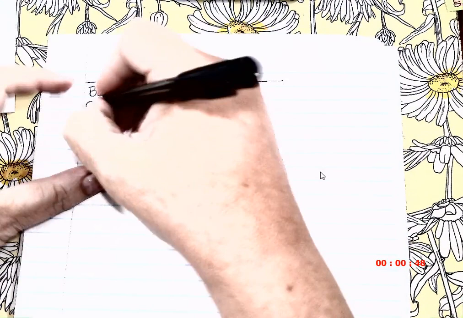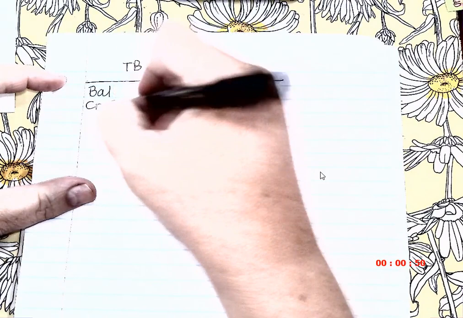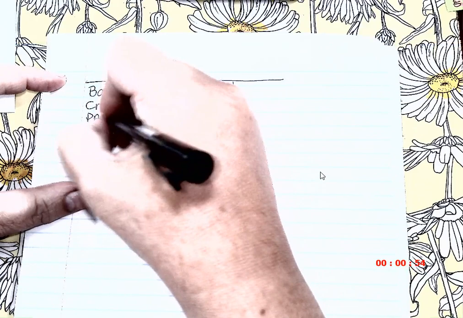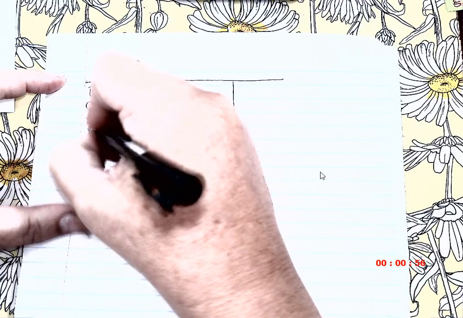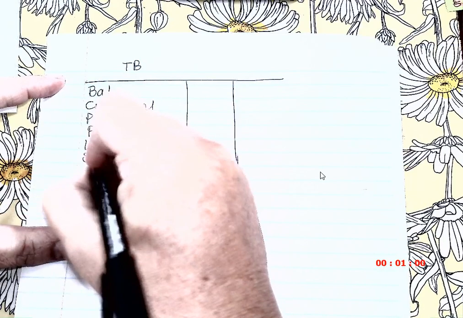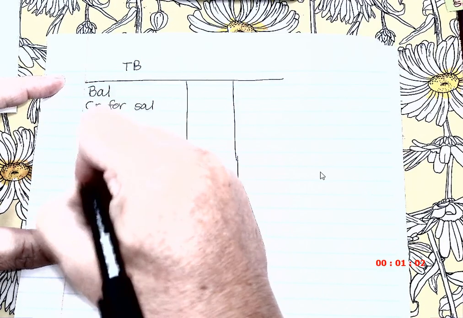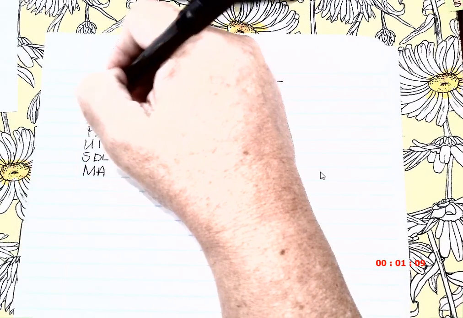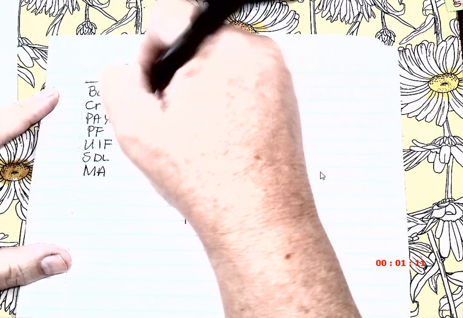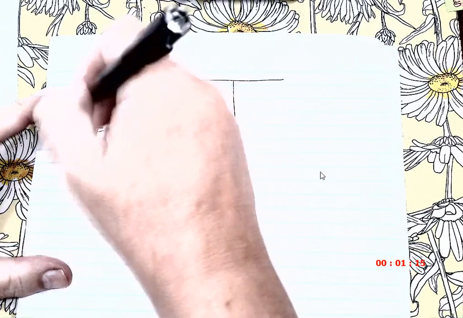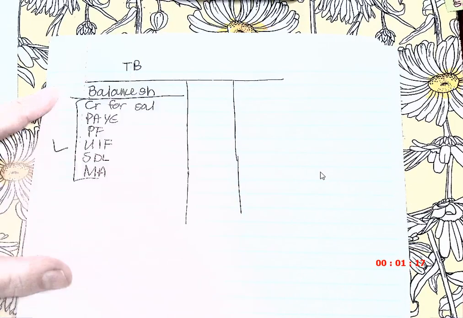So I've got creditors for salaries, I've got PAYE, I've got pension fund, I've got UIF, I've got SDL, I've got medical aid. Right. So these things are literally balance sheet accounts, meaning they are liabilities.